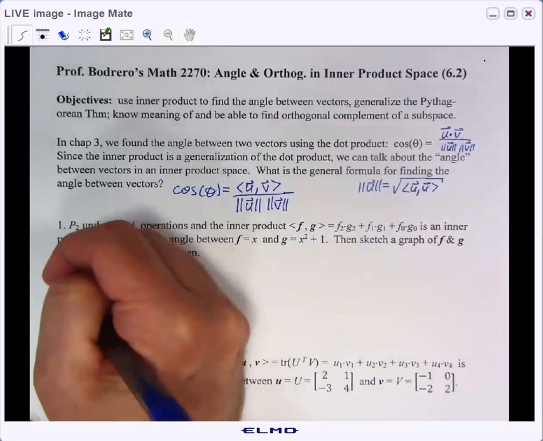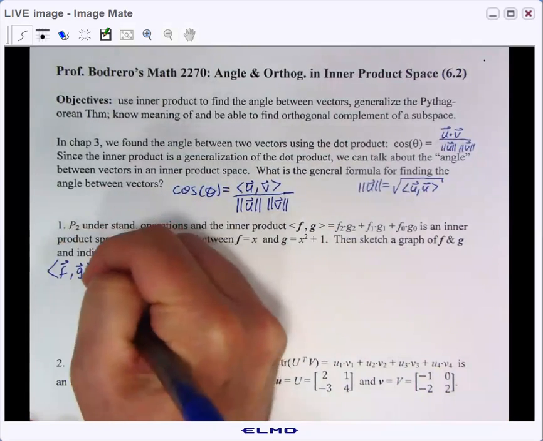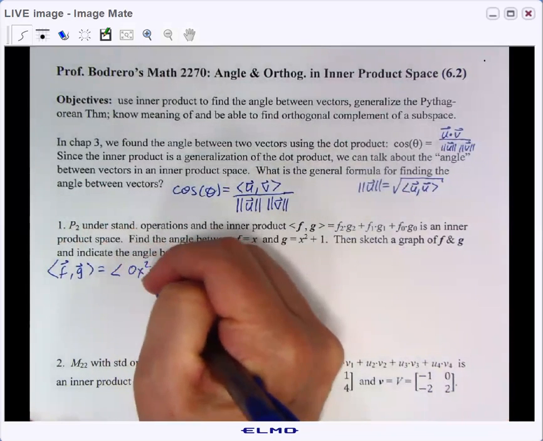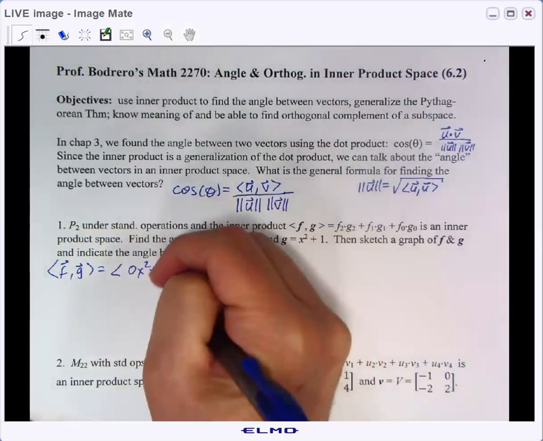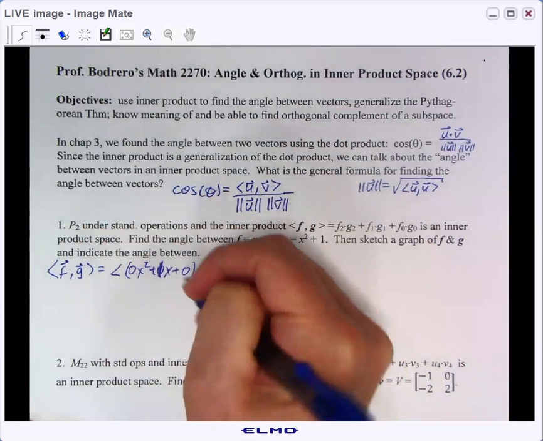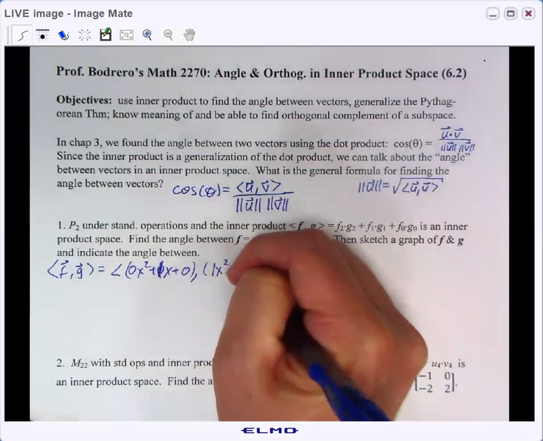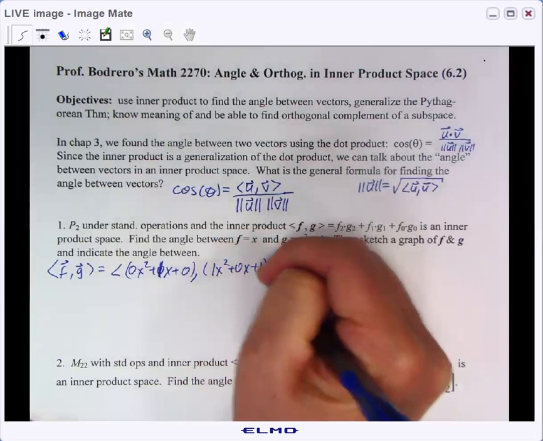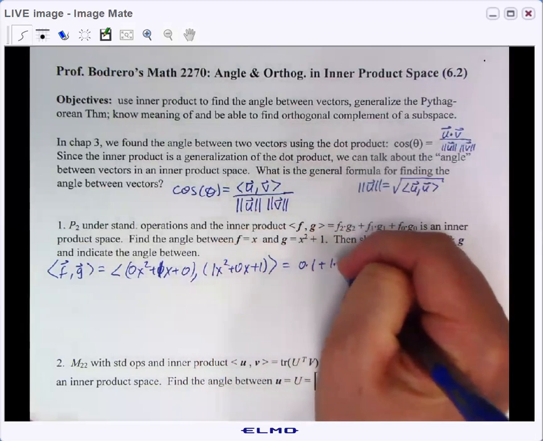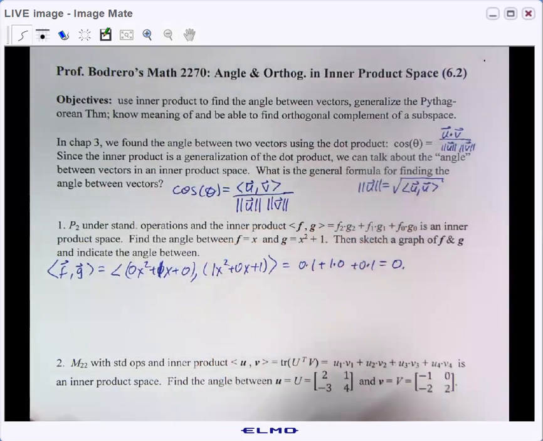So f inner product g would be 0x squared plus 1x plus 0, inner product with 1x squared plus 0x plus 1, and that's going to be 0 times 1 plus 1 times 0 plus 0 times 1, which is a whole lot of nothing.